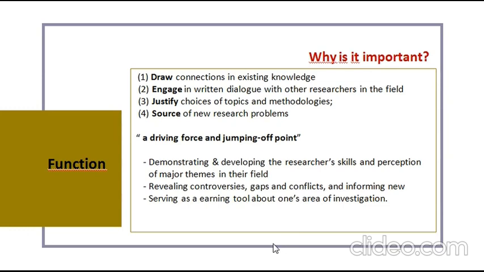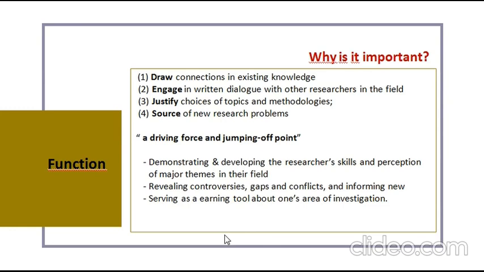Further, the review of literature can be considered the source of new research problems in areas where lacunae have been pinpointed. Sometimes we draw on the review of literature in order to find the research problem itself. Here we can differentiate between two types of reviewing the literature.